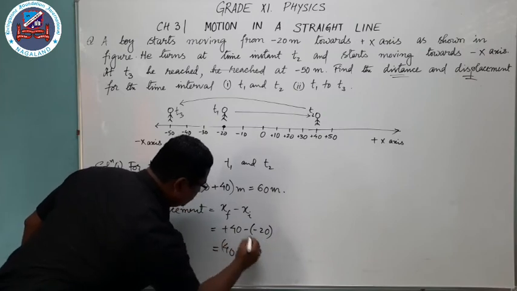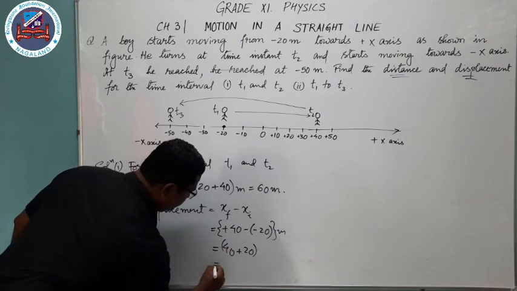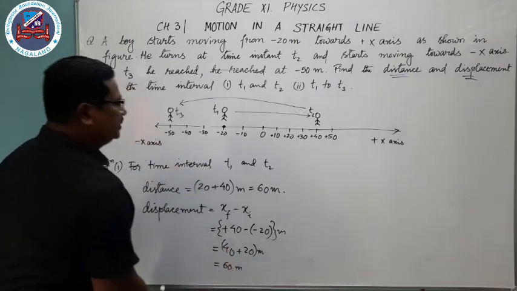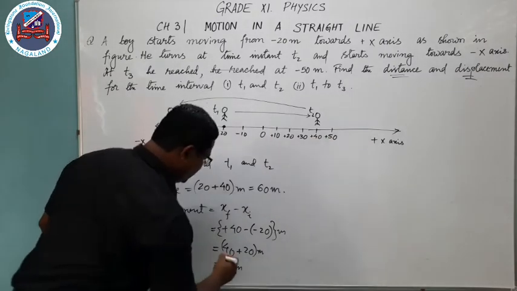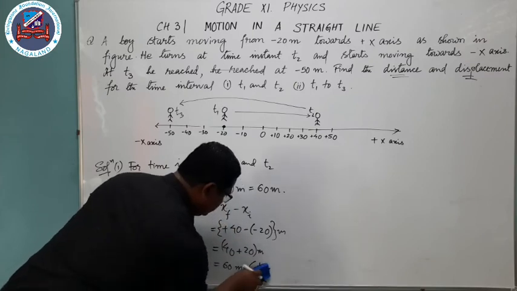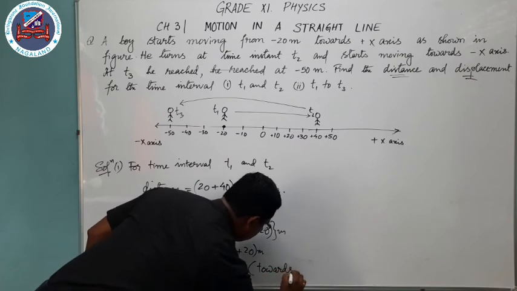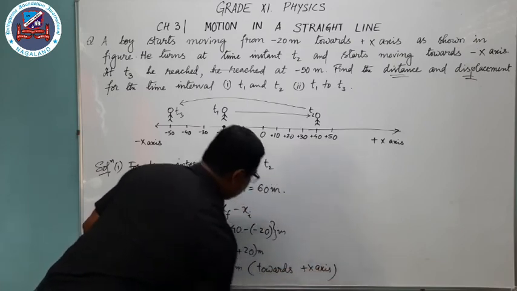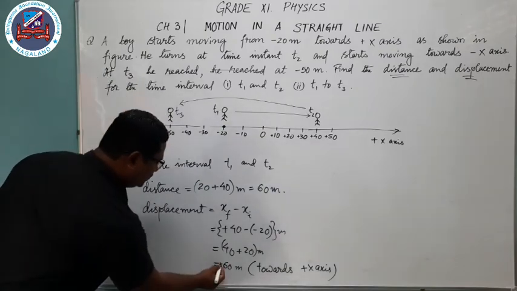All are in meters. So it will give you 60 meter. It also shows direction. 60 meter means the body got displaced towards the positive x-axis.